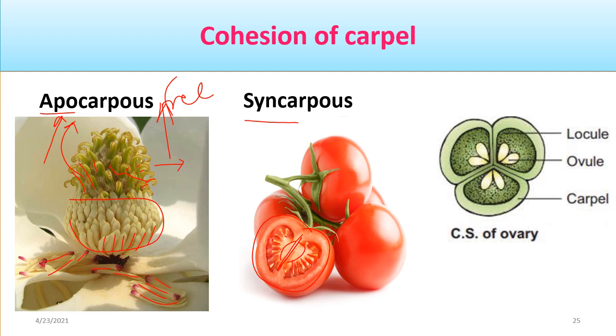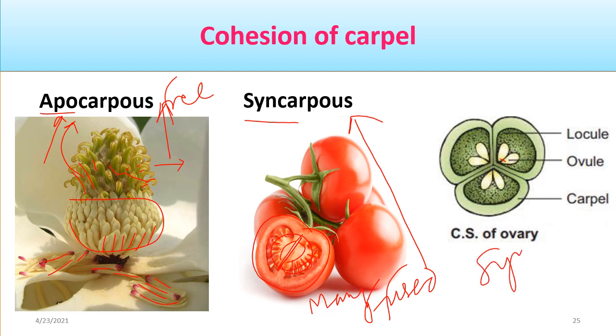And you see that there are many ovules, and these many ovules are attached together, fused together, and due to this fusion they are called syncarpous. Syn means fused, carpous means carpels. Similarly here we can see they are two together, two together, two together. So again this is also an example of syncarpous ovary.